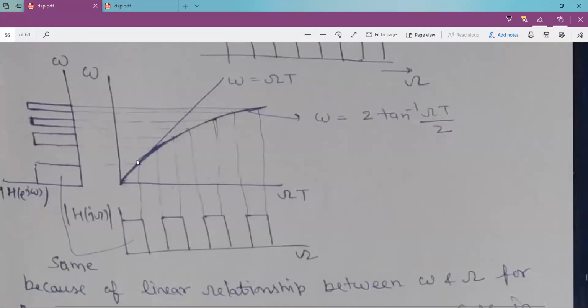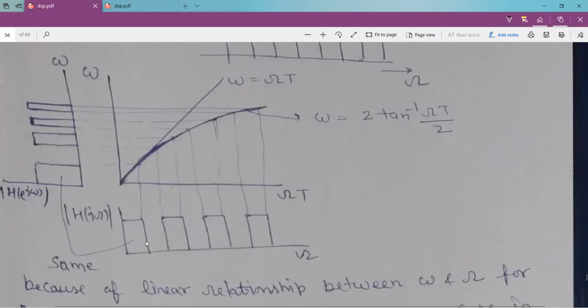So when you are using the lower band, it is mapped as it is in the case of digital frequency response, and when you are going towards the higher frequency range, this is being mapped as a narrow band.